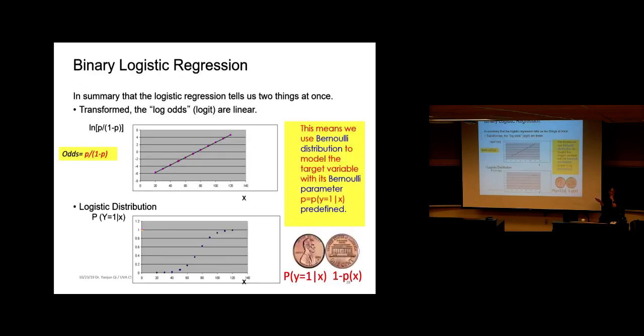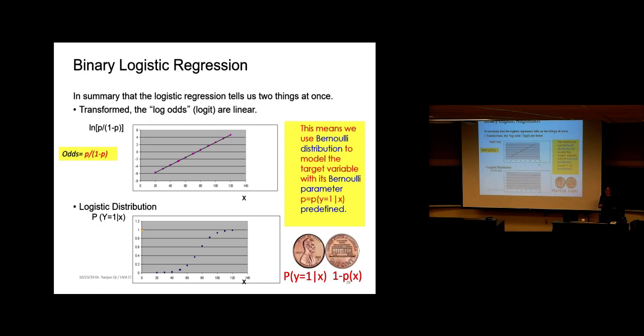Okay, to summarize, there are two different views. The first view is a squashing function. It squashes this alpha plus beta x, which ranges from minus infinity to positive infinity, into 0, 1. That's the first view to think about logistic regression.